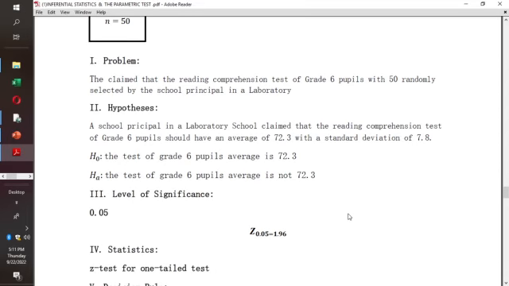So the null hypothesis is that the test average of grade 6 pupils is 72.3, and the alternative hypothesis is that the test average of grade 6 pupils is not equal to 72.3. Third, level of significance is equal to 0.05, z of 0.05 is equal to 1.96.